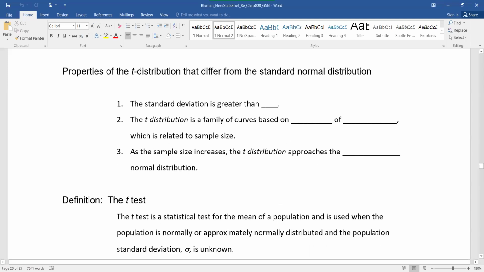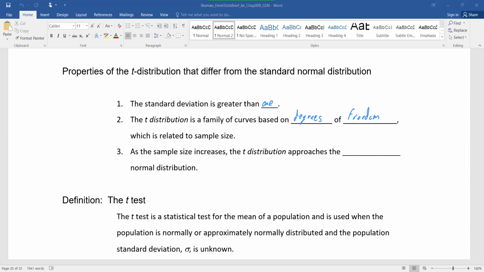So properties of the t-distribution that differ from the standard normal distribution are as follows. The standard deviation is greater than 1. Very good. The t-distribution is a family of curves based on degrees of freedom, which is related to sample size, because remember, degree of freedom is just n minus 1.